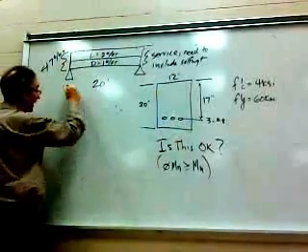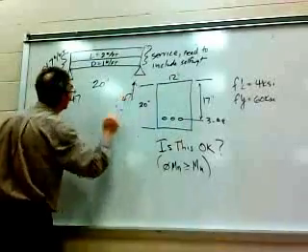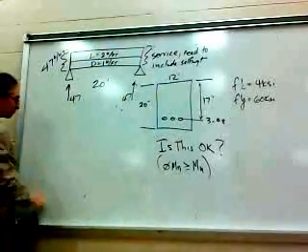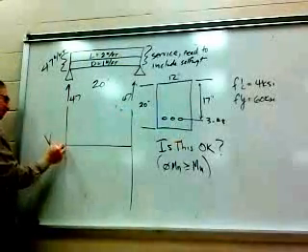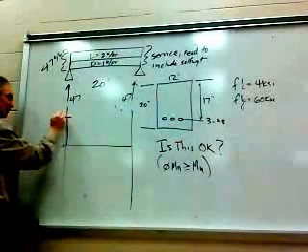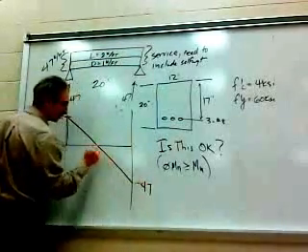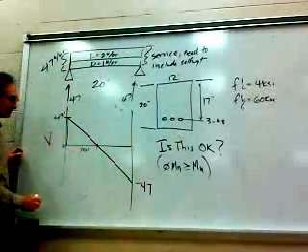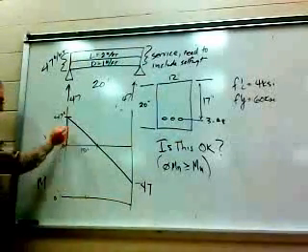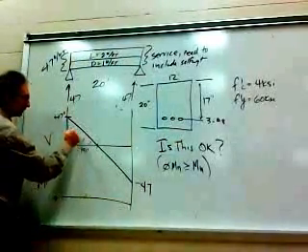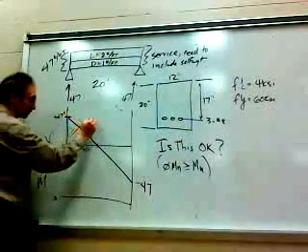All right, and again, you're not going to go through this, but your reactions are going to be 47 kips apiece. Your shear diagram goes up 47 kips. Your moment diagram, based on the areas here, is just 1/2 times 10 feet times 47 kips.